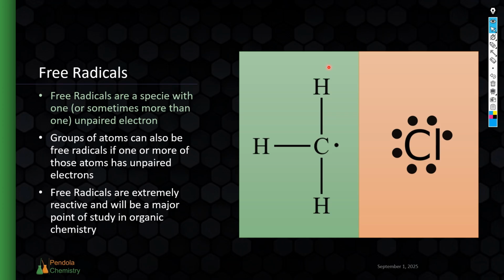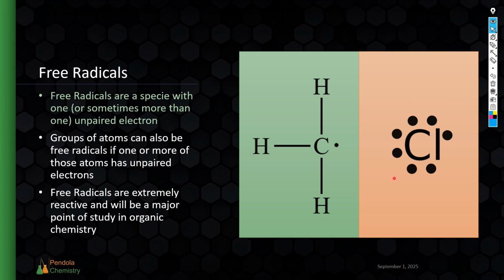And that's the idea of a free radical. A free radical is a species, whether it's a compound or a single atom, that has an odd number of electrons, meaning that it has an unpaired electron in its valence shell. Groups of atoms can be free radicals, or single atoms can be free radicals.